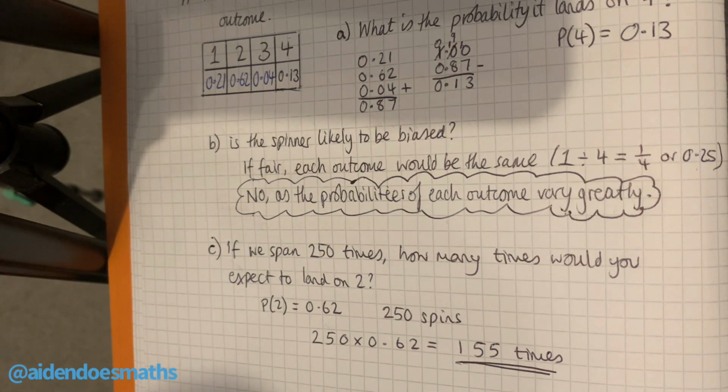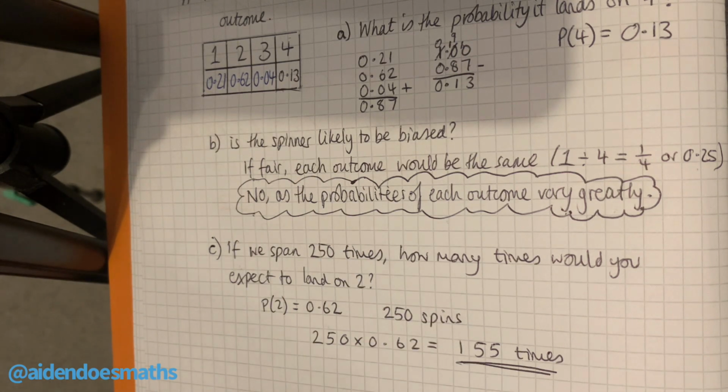These are rough probabilities from one spin. If we do it 250 times, it doesn't always mean it's going to have the same probability that we would expect it to. So this is essentially if these probabilities were true and happened every time, how many times would we get a 2? It would be 155 times.